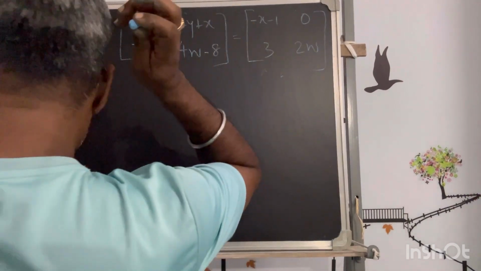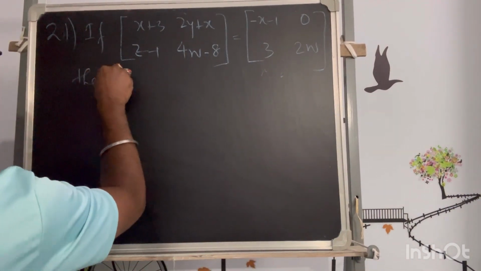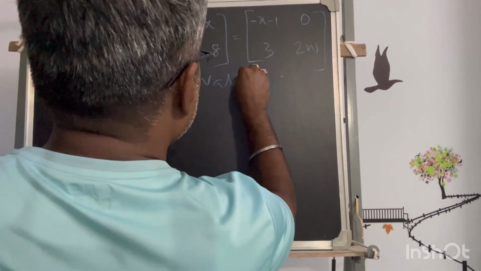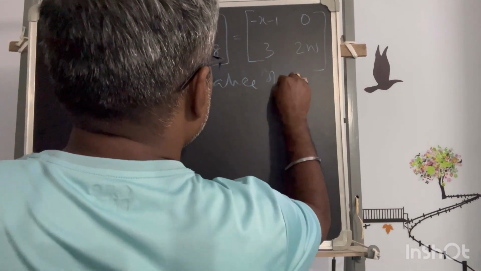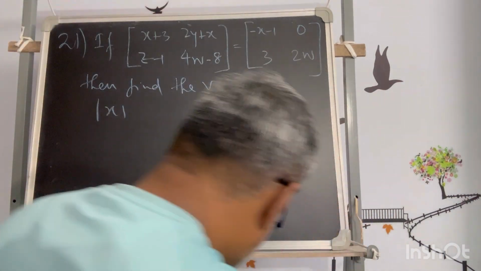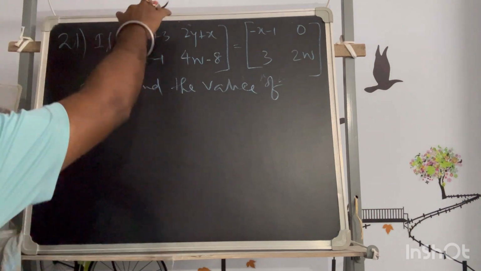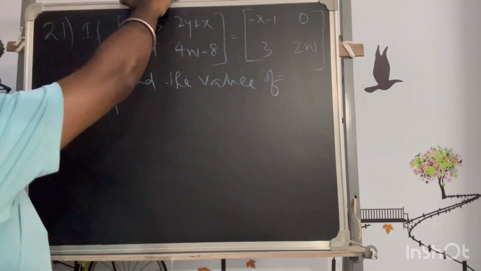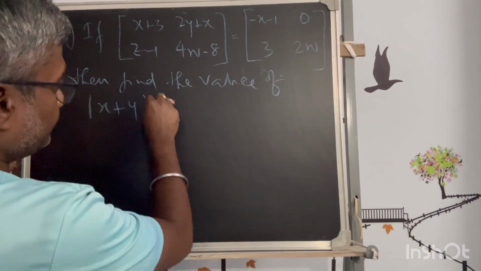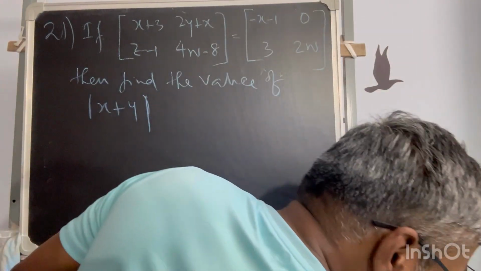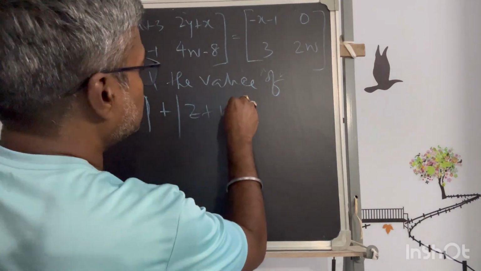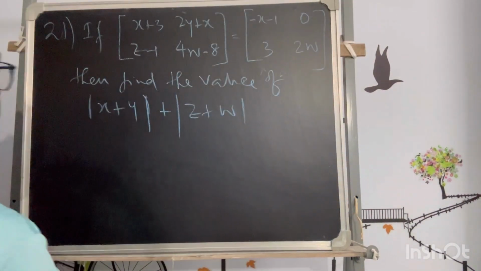So these two matrices are the same, then find the value of x plus y plus z plus w. So this you have to find.